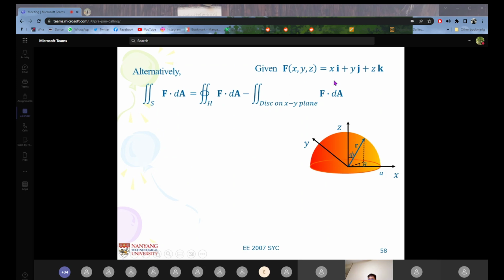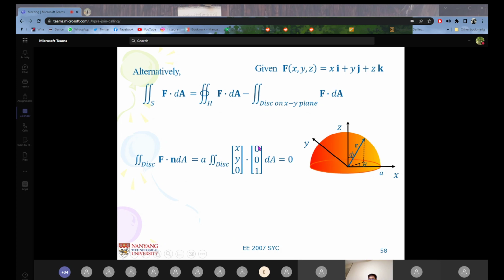Then I need to minus the surface at the bottom here to give me this surface integral. Now, this is the closed surface integration of this whole complete hemisphere, so I can use the divergence theorem on this. Now, the funny thing is this integration here is equal to 0.